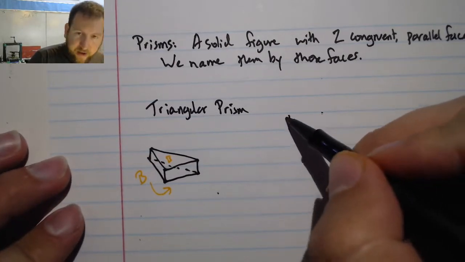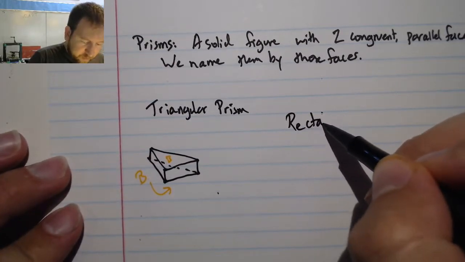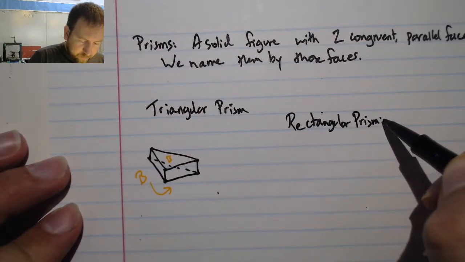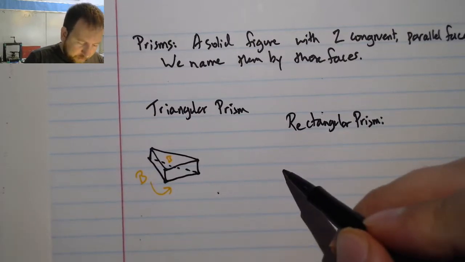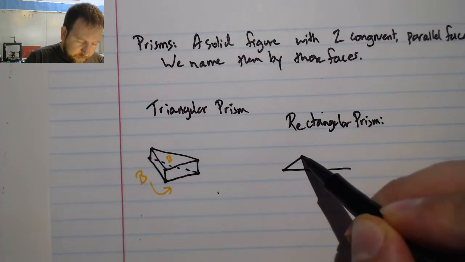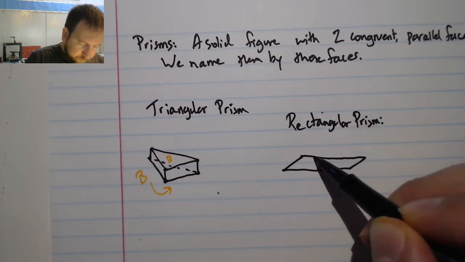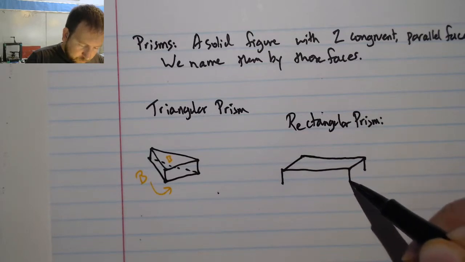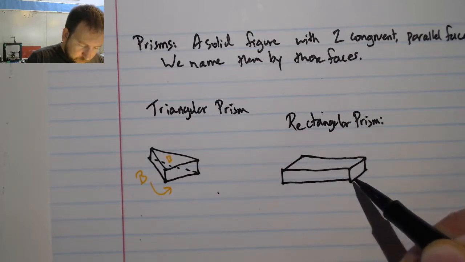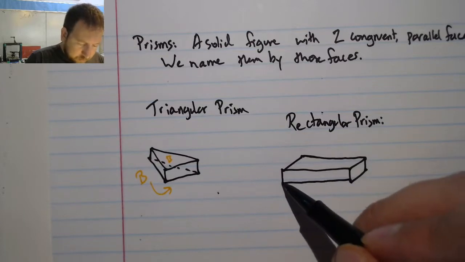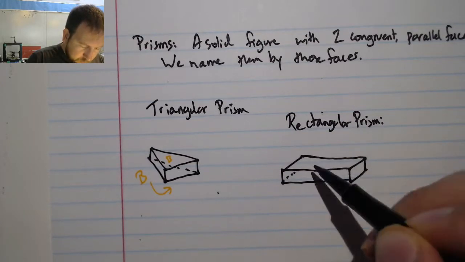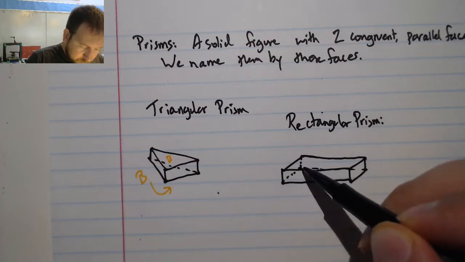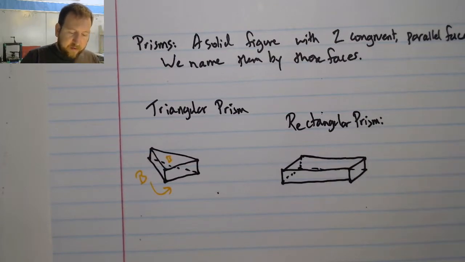So again, my rectangular prism would be the same style. Up here I'm going to have a rectangle on top. It's named based on its bases again.